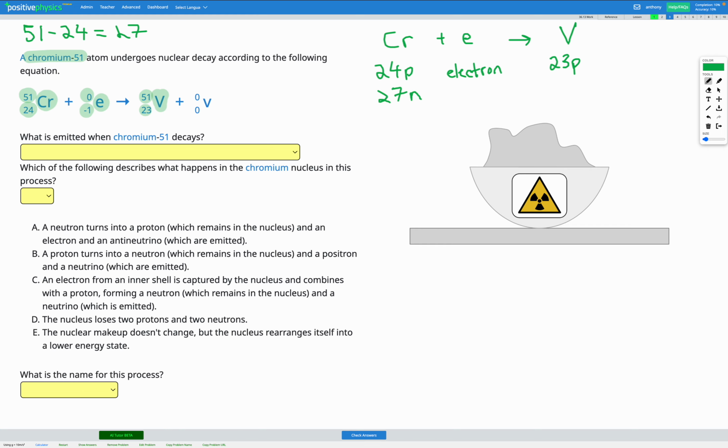Mass number 51 means we've got 51 protons and neutrons together. So if we subtract the number of protons, which is 23, that will get us the number of neutrons, which is 28. So we've got 28 neutrons. And we also have this ν symbol, which represents a neutrino. That has 0 for both the atomic number and the mass number, which represents 0 charge and no mass. So that's our neutrino.